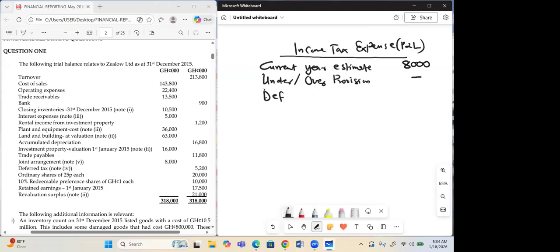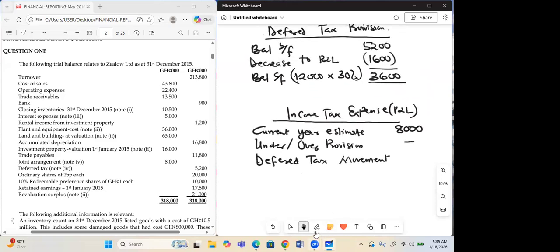Now, in the workings we have done right here, the deferred tax movement, was it an increase or a decrease? Please, it was a decrease. So a decrease of what? 1,600. Are you getting it? Yes, please. You decrease it, then it gives you 6,400. Is that right? Yes, please.